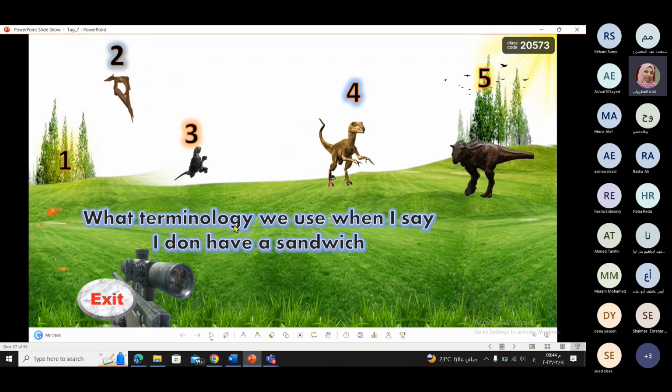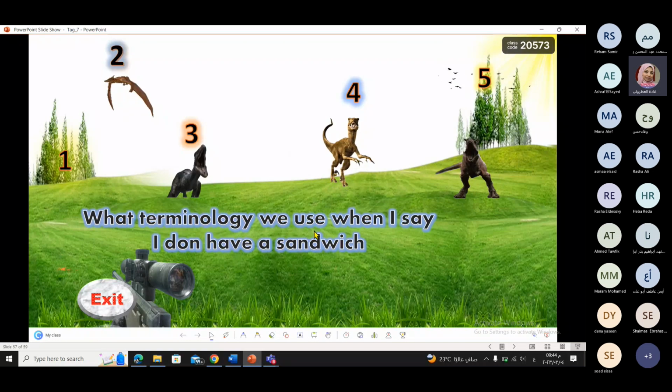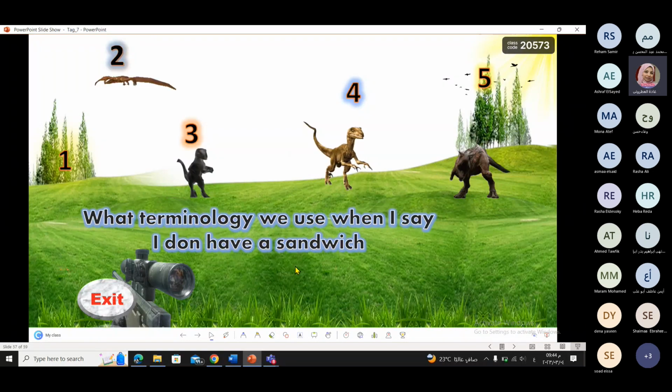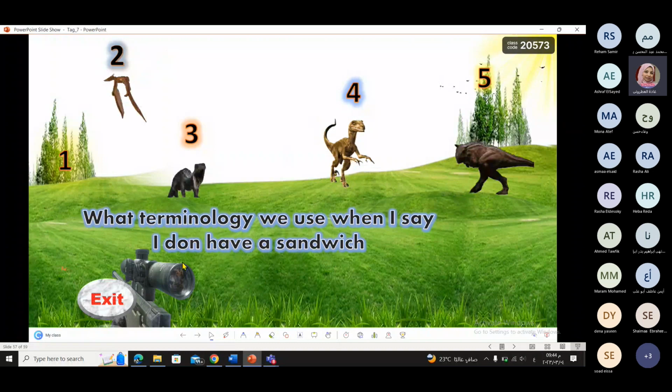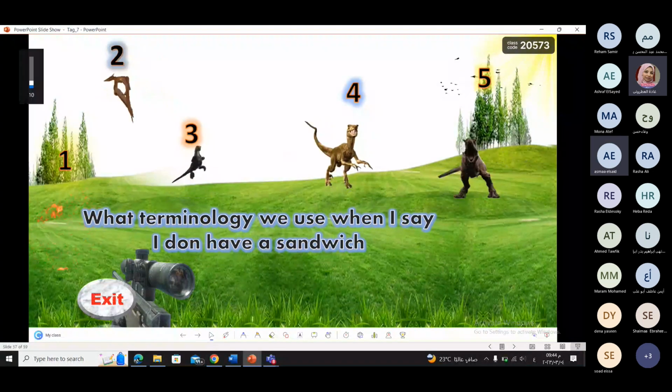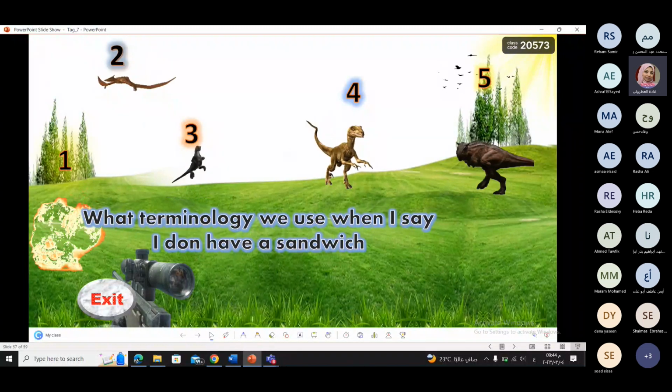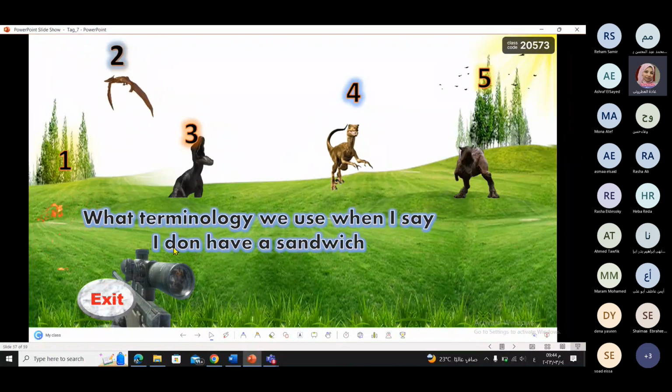What terminology do we use when I say I don't have a sandwich? What's the terminology here? What is the term? I don't have a sandwich. What happens here?